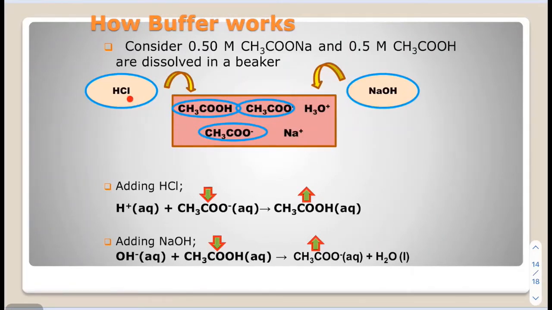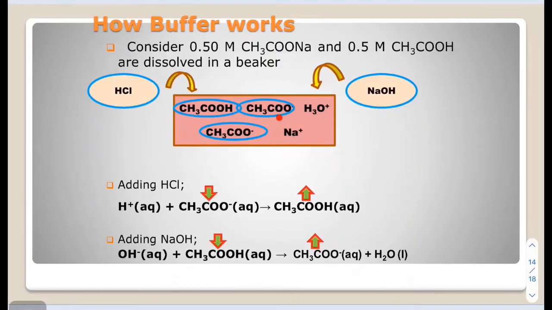When acid is added to the system, it will react with the base. So we have acetic acid and acetate ion. We know that acetate ion is a conjugate base. So the HCl that's being added to this system actually reacts with the acetate ion.